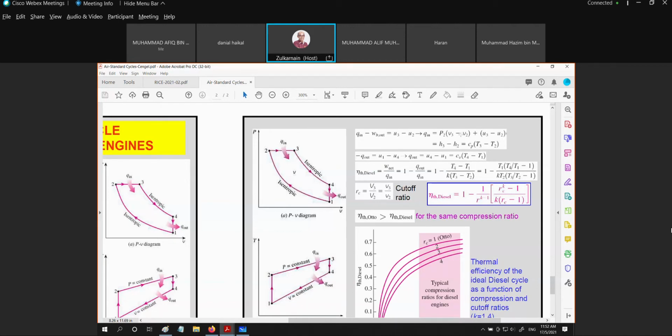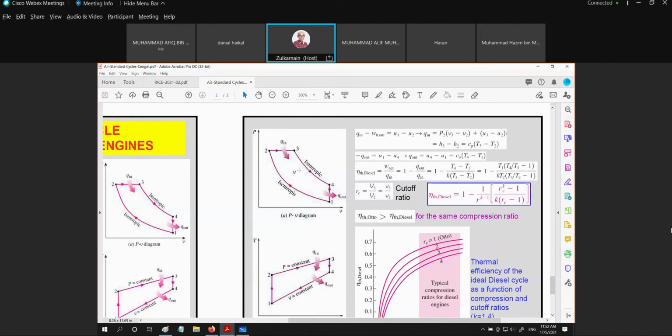Then we have this equation for the first law of thermodynamics. For Q in, we combine the boundary work and the internal energy, and we know that U plus PV is equal to enthalpy. This finalizes the Q in process as Cp times (T3 minus T2).